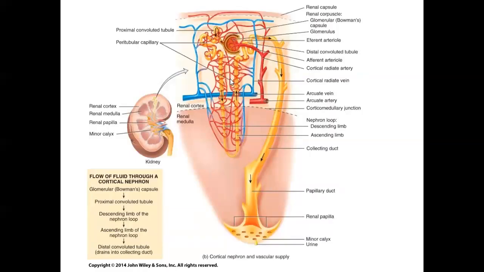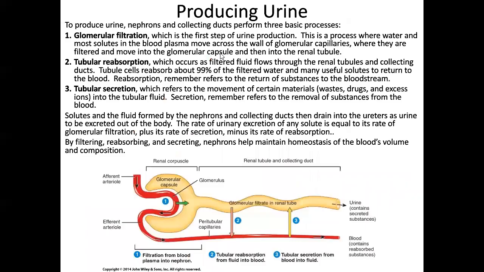Then we have to move that filtrate through the long winding tubule, through the proximal convoluted tubule, through the loop of Henle, through the distal convoluted tubule, eventually into the collecting ducts. Throughout that long winding tubule, we're going to pass stuff back and forth. Some stuff is going to leave the tubule going into the blood. That's what reabsorption is. Some stuff's going to leave the blood entering the tubule, and that's what secretion is.